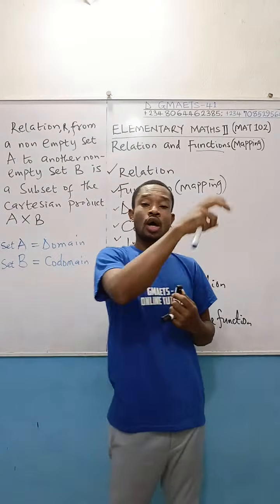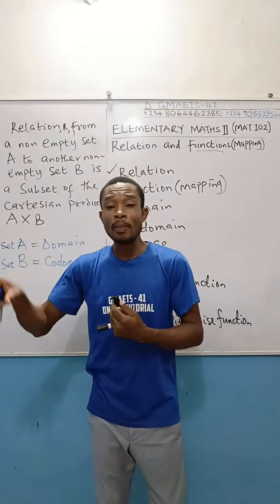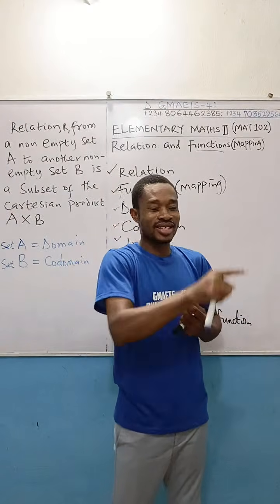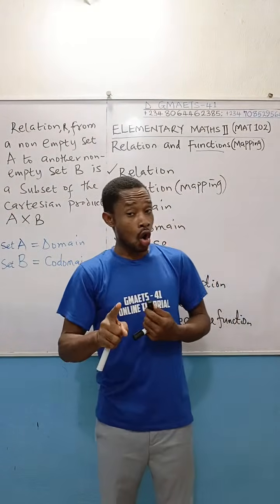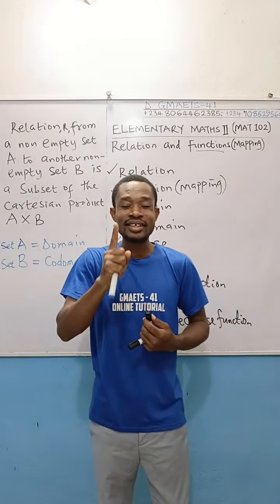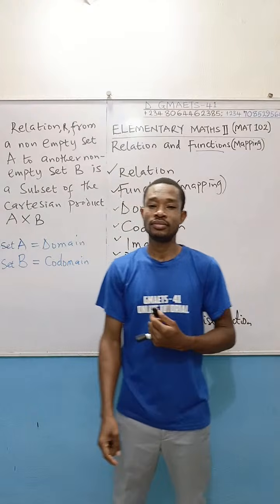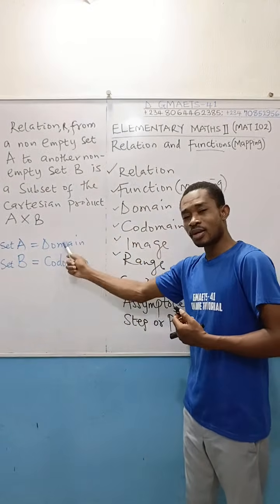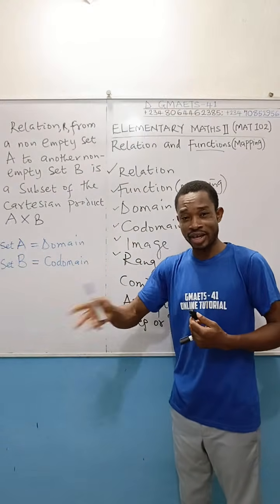Domain produces what? Codomain. The domain can produce some elements in the codomain, or it can produce all the elements in the codomain. I hope you understand this concept of A and B called domain and codomain.